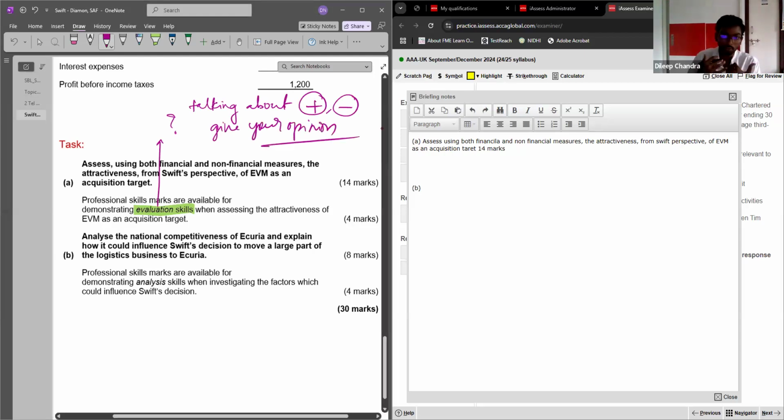While writing your answer, you talk about certain positive aspects and counter them with some negative aspects. Simply advantages and disadvantages. But does it mean we have to put the side heading as advantages and disadvantages? No, no. We can use them, but it is not necessary. I'll show you how to do that. You've understood what evaluation means: talking about positives and negatives, at the same time giving your opinion.